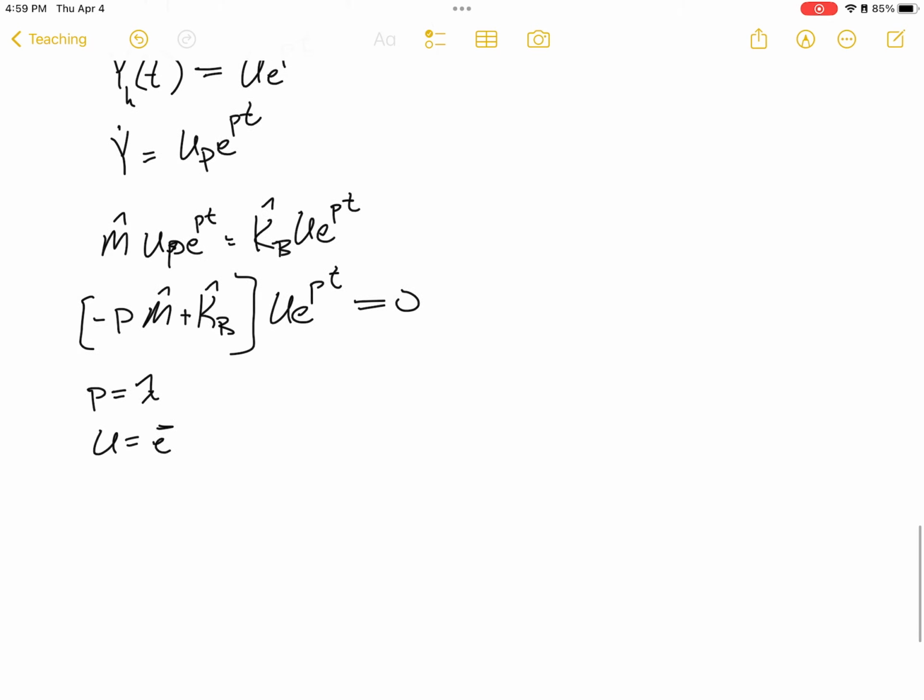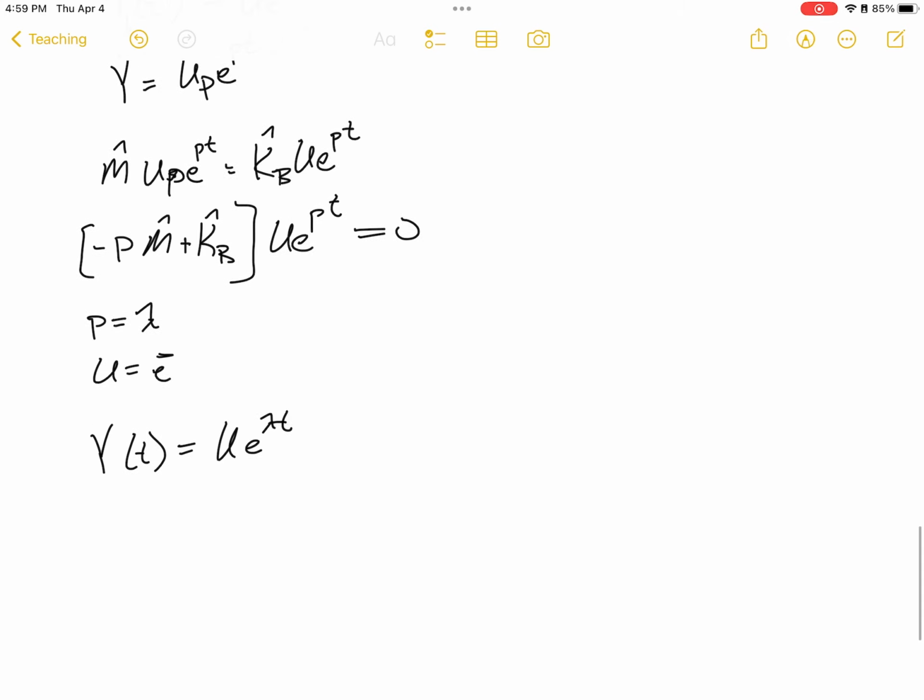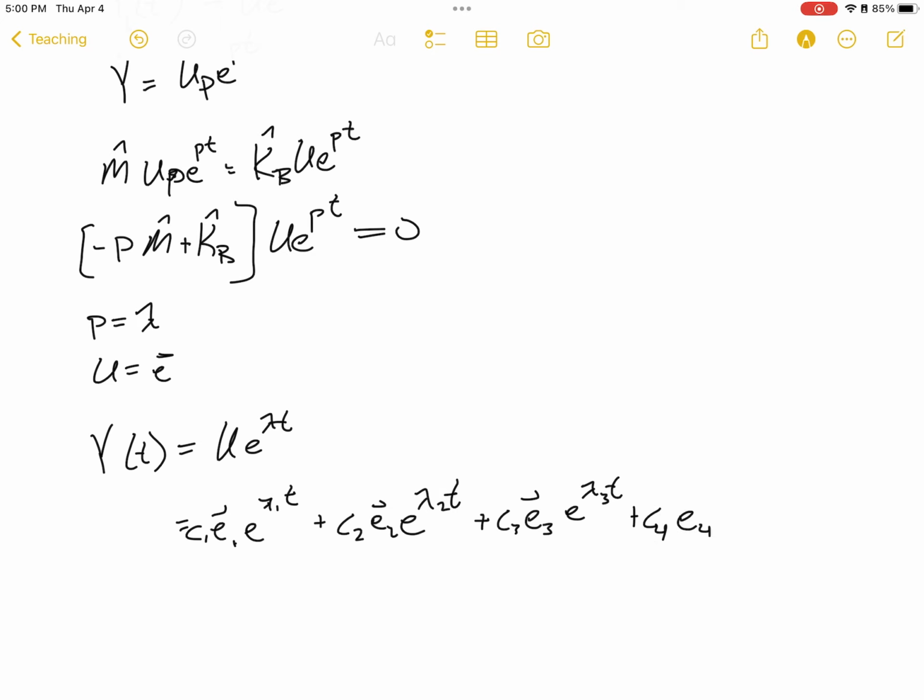And if we do that, then y of t is going to equal, like we already said, u e to the p or lambda t, which if we have a 4x4 system, is going to equal some constant times the vector e1, e to the lambda 1 t, plus c2, the second eigenvector, times e to the second eigenvalue times t, plus c3, the third eigenvector, times e to the lambda 3 t, plus c4, the fourth eigenvector, e to the lambda 4 t.